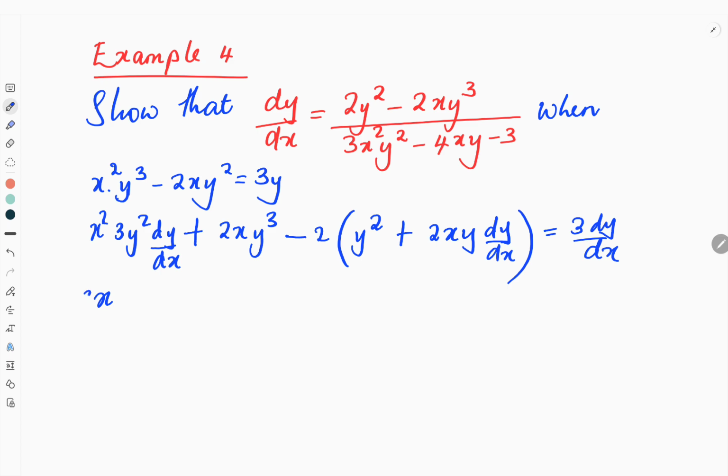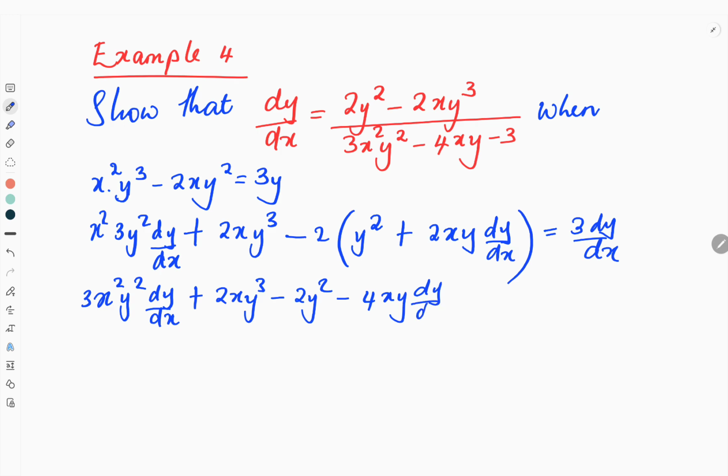Then we get 3x squared y squared dy/dx plus 2x y cubed, then minus 2y squared, minus 4xy dy/dx is equal to 3 dy/dx. So we bring all the terms that have got a dy/dx to the left-hand side. We factor so that we make dy/dx the subject.